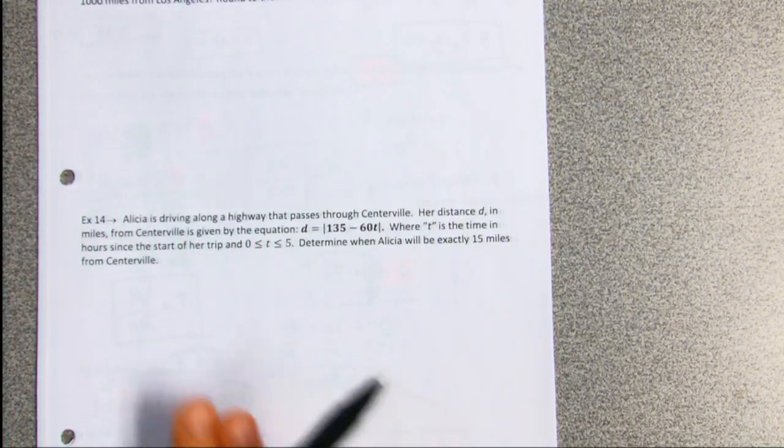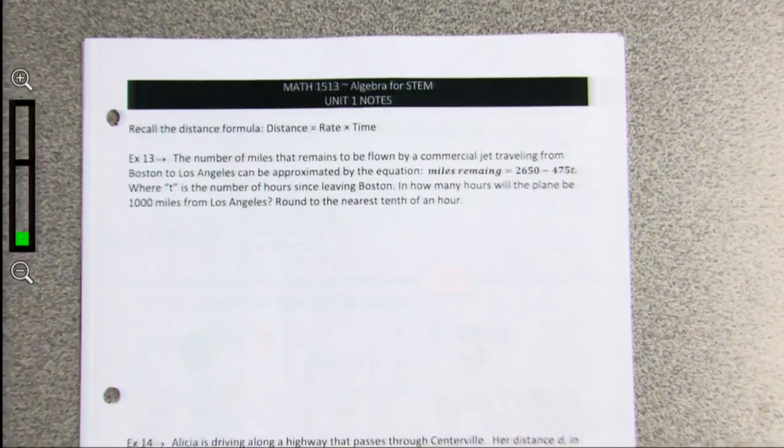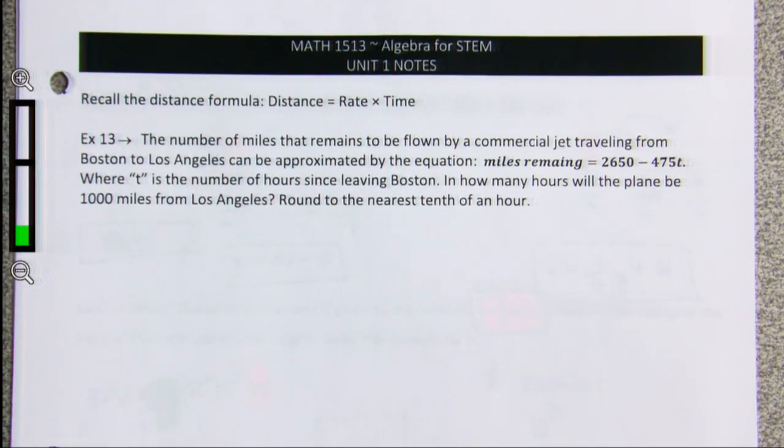So let's look at the two application problems that went with those types of problems. I'll zoom in just a bit more so you can see. Just remember, something they assume you know is that distance equals rate times time. I think we'll be working with that a little more later. The number of miles that remain to be flown by a commercial jet traveling from Boston to LA can be approximated by this equation.